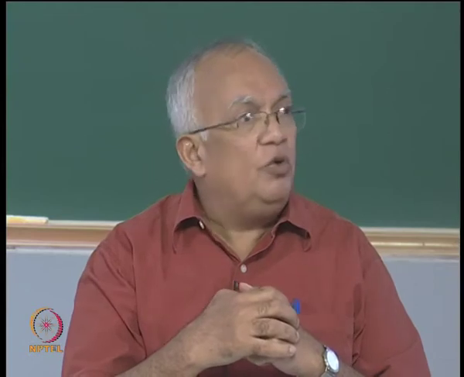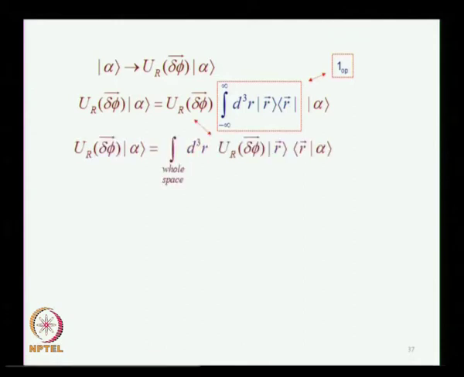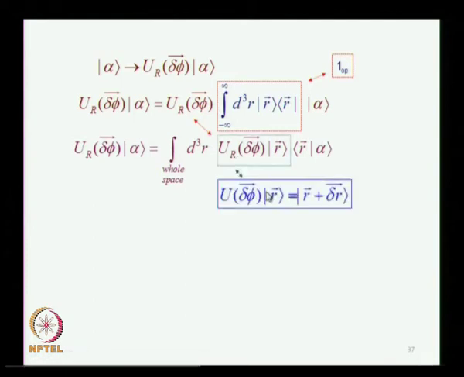We have the resolution of unity, as you can see clearly, right, and now we operate on the eigenket r, which is an eigenket of the position vector, by this rotation operator, and we know that when this rotation operator operates on the eigenket of a position operator, it rotates it, shifts it to a new position which is r plus delta r. So this result is already known.